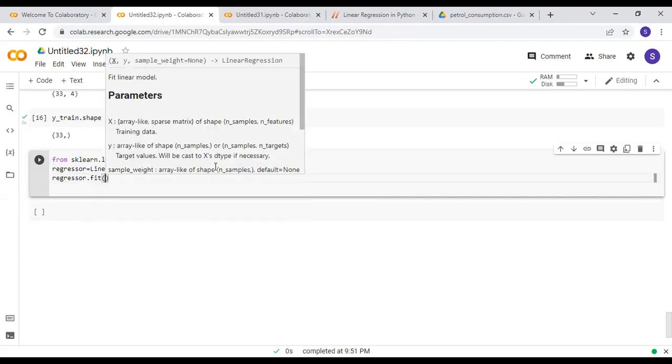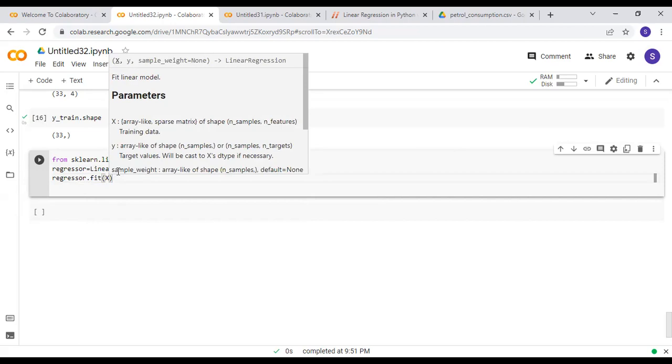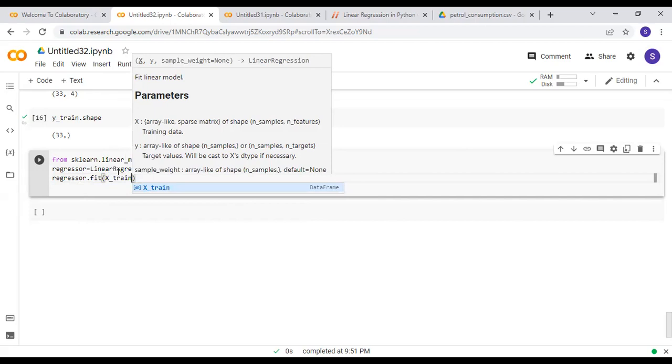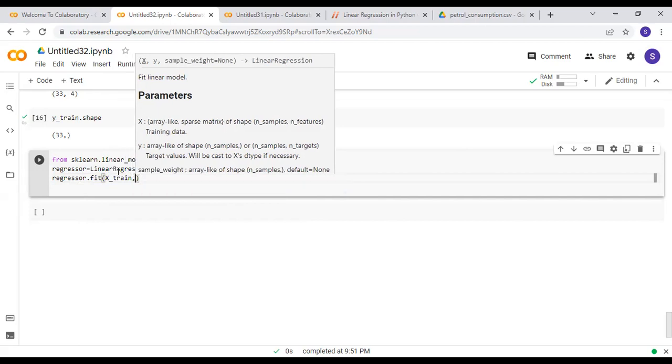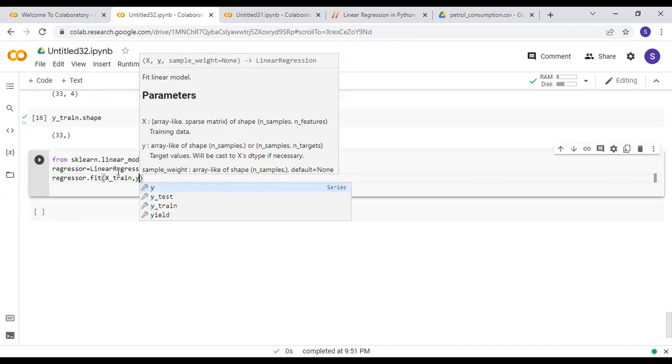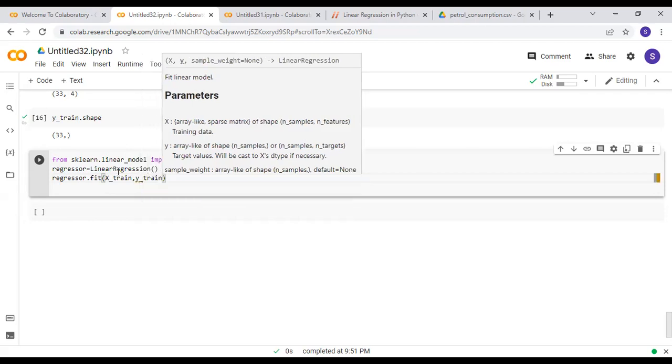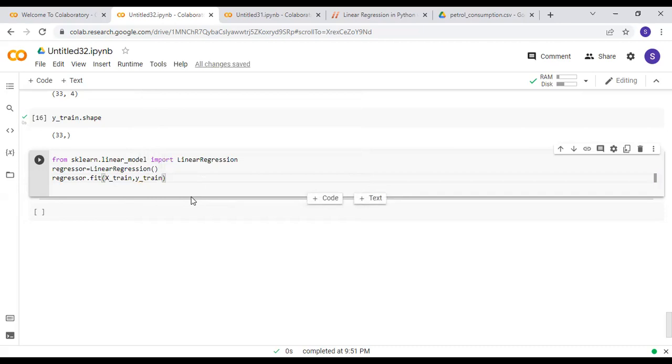Regressor.fit(x_train, y_train). Fitting the values of the training set.